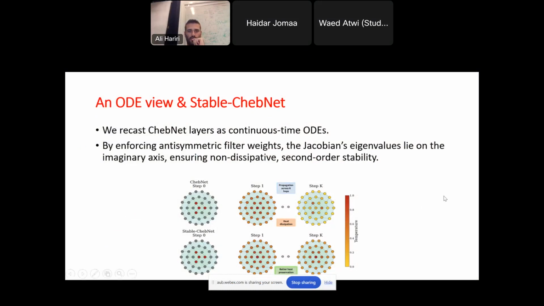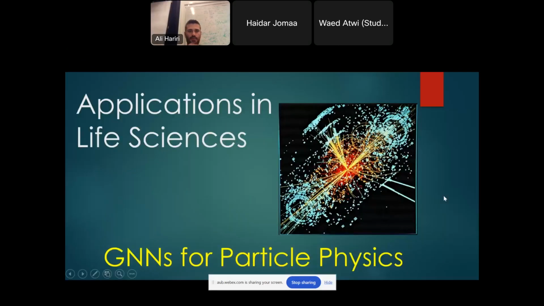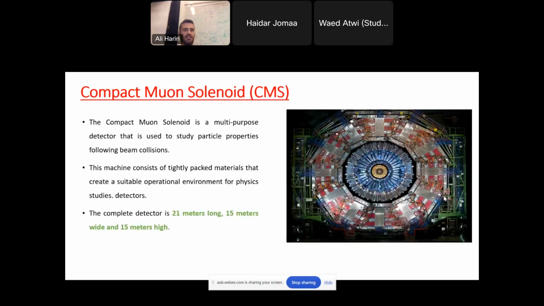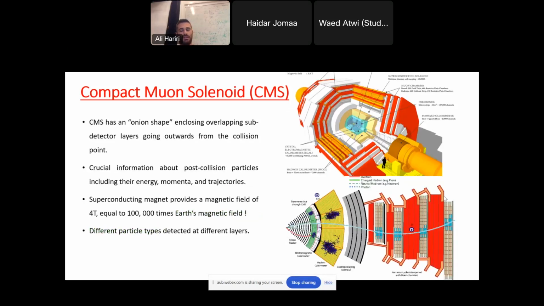So one thing I did, and this is during my master's, I will skim through the slides. If you don't know, the compact muon solenoid is basically the CERN detector to detect the particle collisions. And then basically, let's say we start aggregating information from different layers.